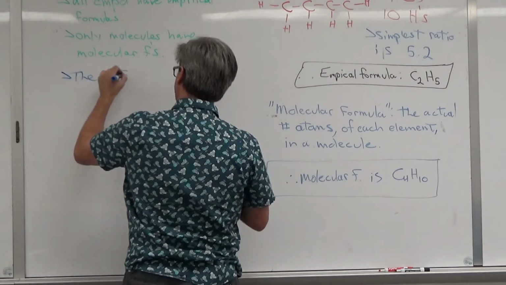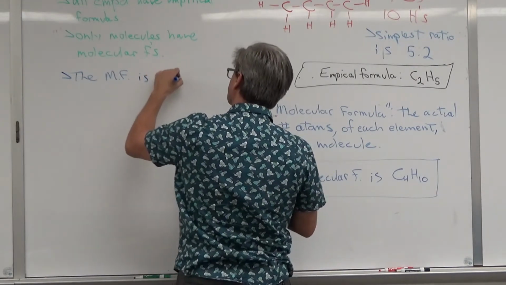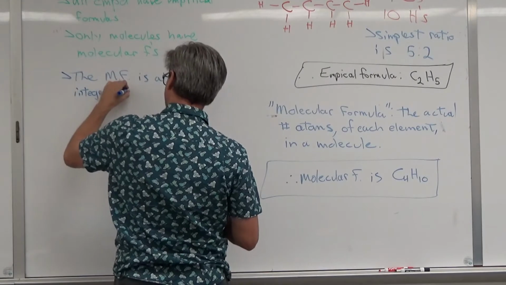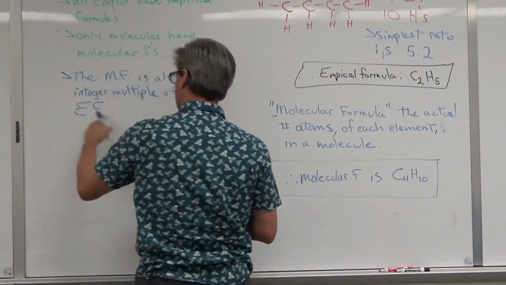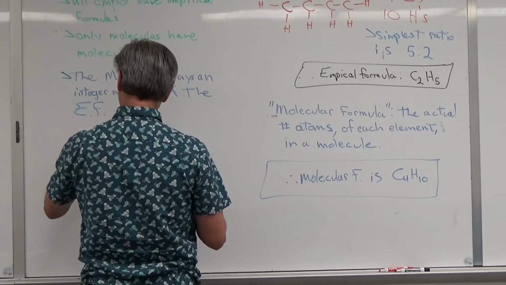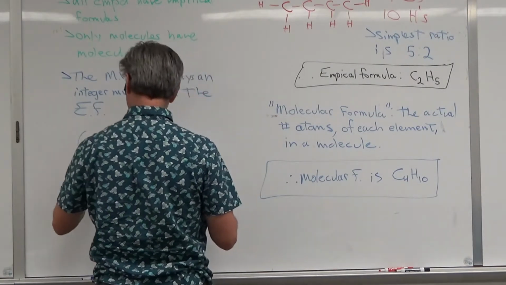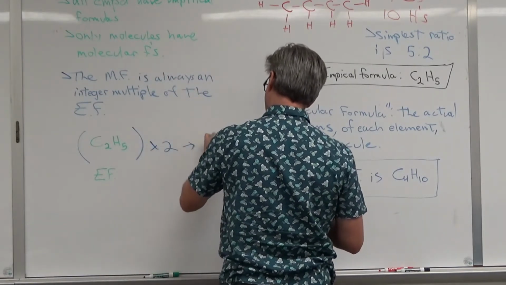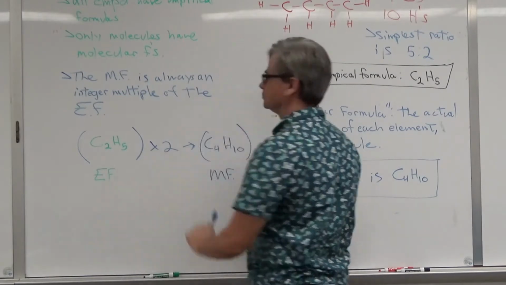The molecular formula, MF, is always an integer multiple of the empirical formula, EF. So in the above example, you had C2H5, and so that's the EF. Multiply that by 2, and then you have C4H10. And that is the MF. Integer multiple.